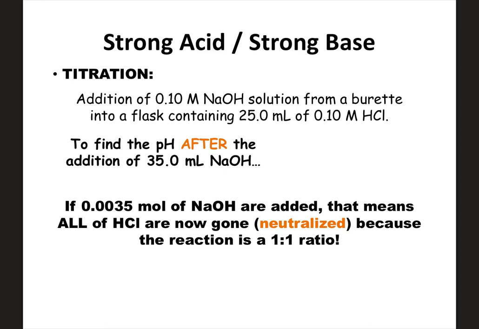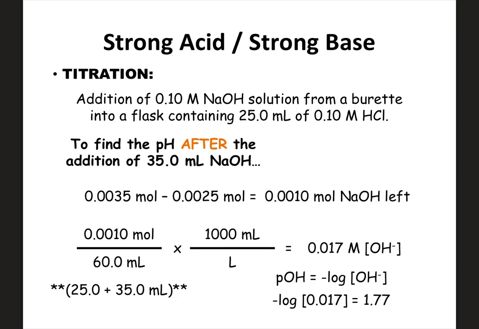So if we subtract, we'll be able to get the amount of moles of NaOH that are still remaining. When you do the math, this is the amount of NaOH that we added. This is the amount of HCl that we started with. Essentially, just take the one that's more, subtract the one that's less, and then you know, okay, I have this many moles of NaOH left over.